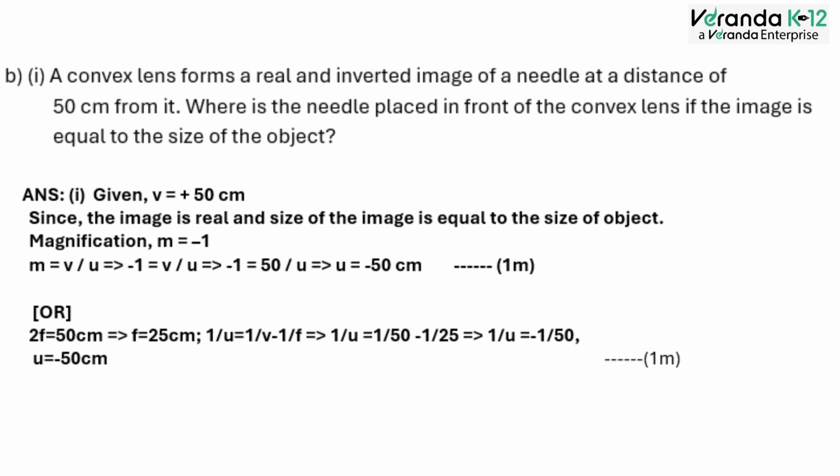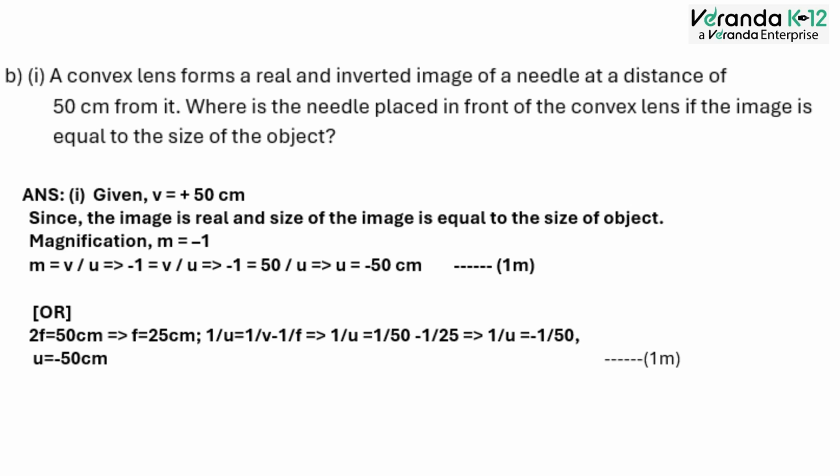Solution. Given v is equal to plus 50 centimeter, as it forms a real image, v is positive. Since the image is real and size of the image is equal to the size of object, magnification m is equal to minus 1. Using the formula m is equal to v by u is equal to minus 1, on substitution, u value can be calculated as minus 50 centimeter.